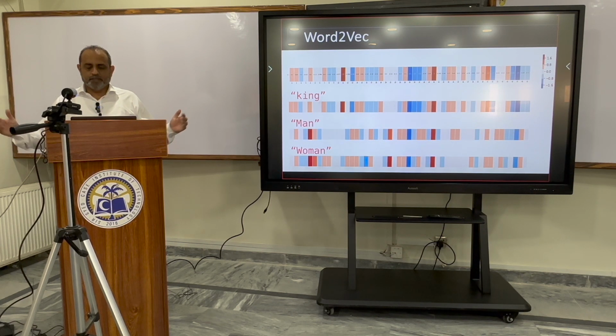How many features do we have for one thing? One feature is one number. So if it's a 300 dimension vector, there are 300 features. Yes, we are considering every number is a feature.